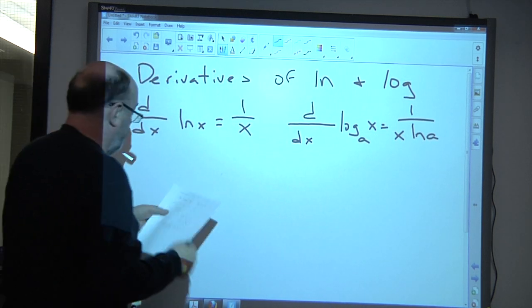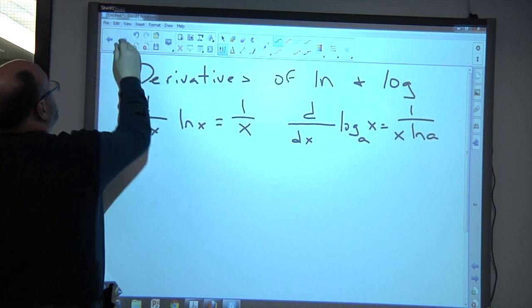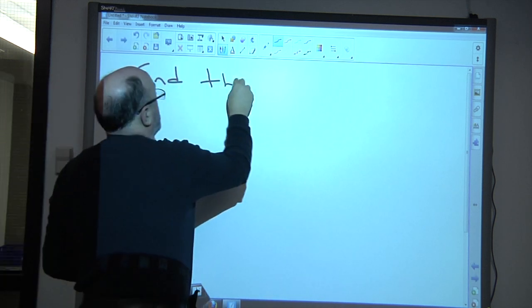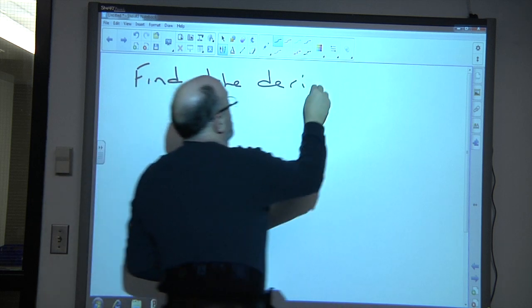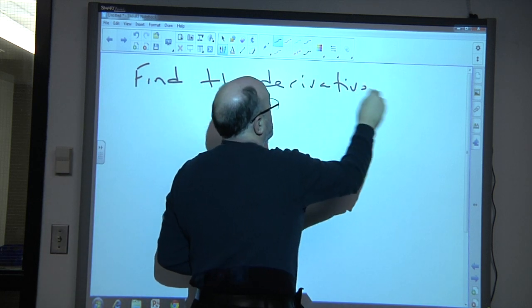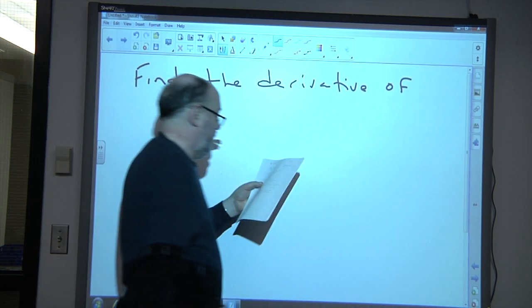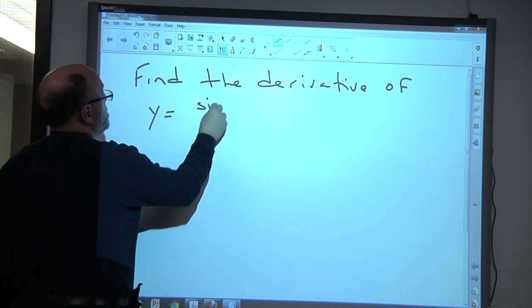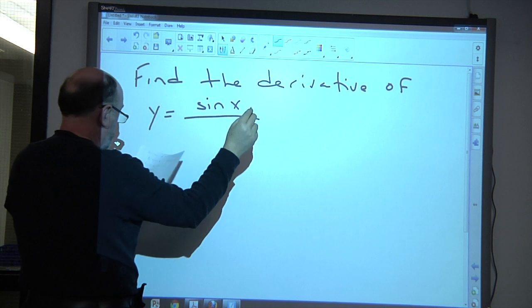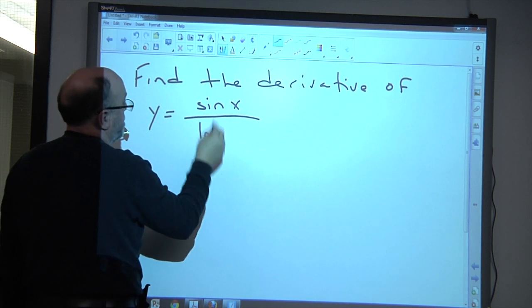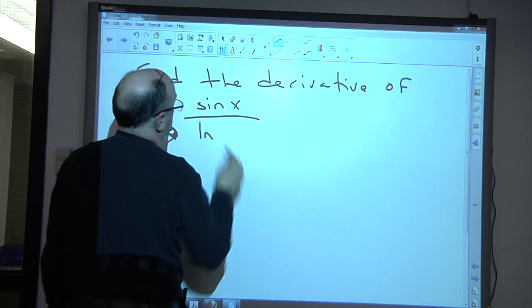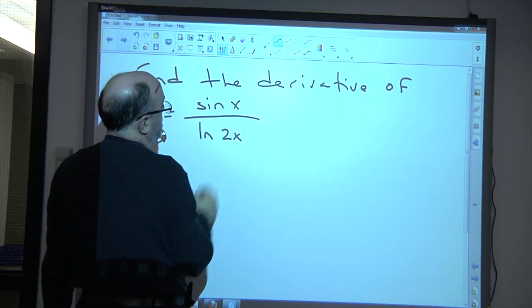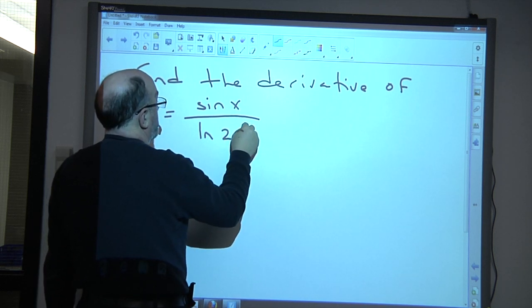So, for example, one of this type, we want to find the derivative of this. And let's do y equals sine x over natural log of 2x cubed.